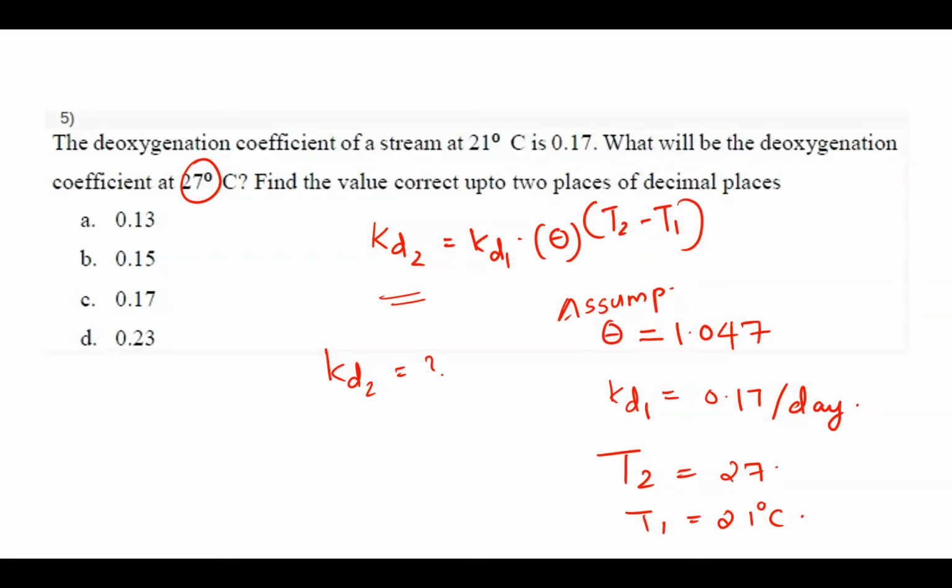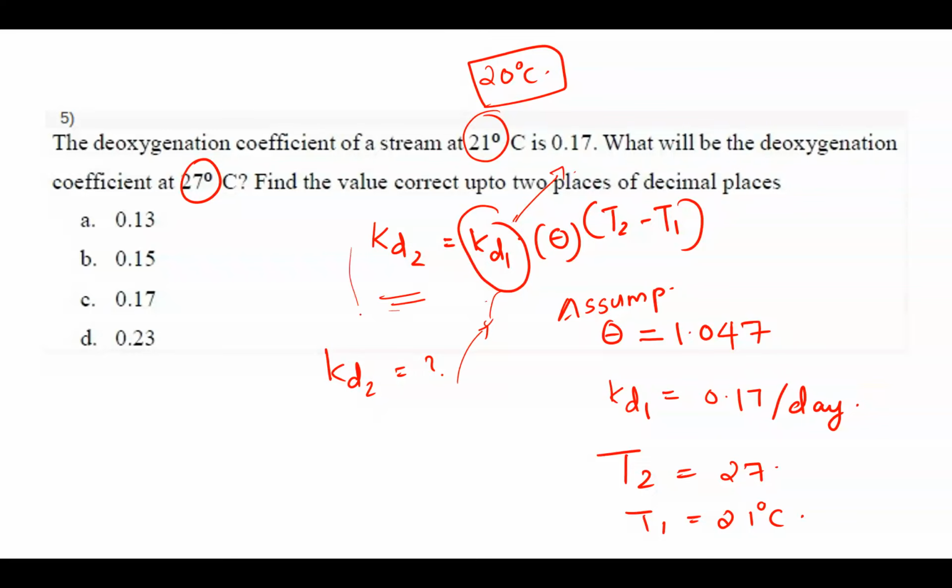Yes, here we can assume this KD1 value of 0.17 is for 21. I think for 20 degrees Celsius it is the standard, right? Then you derive KD1 and put it in this equation.